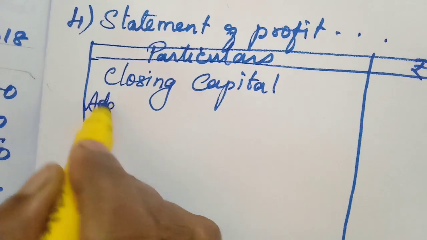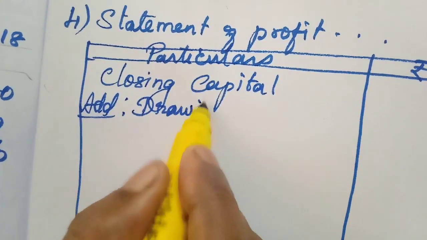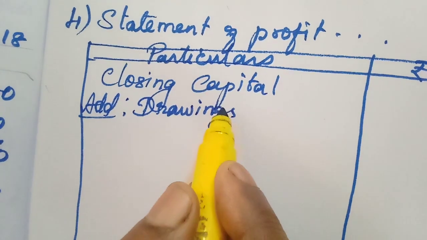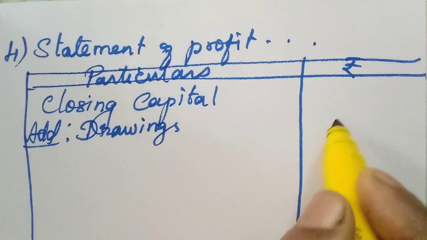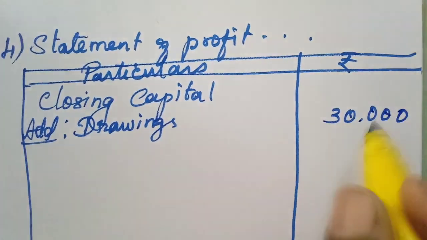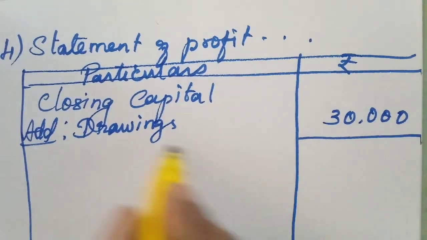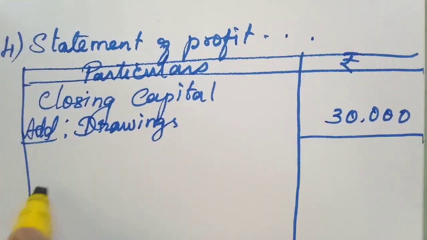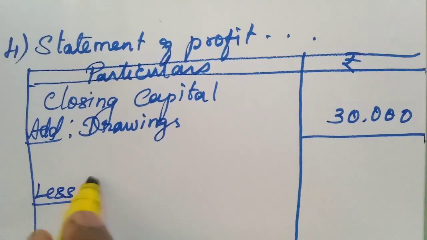Add drawings. Drawings amount we know, goods withdrawn for personal use by the owner, that is 30,000. You write 30,000. Draw line and leave this amount also, we do not know. Leave space. Then you write less additional capital.